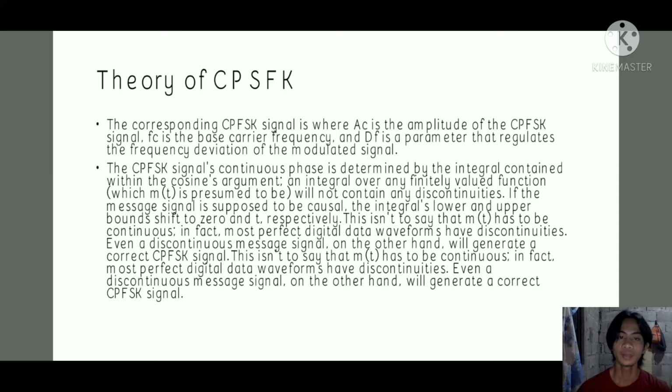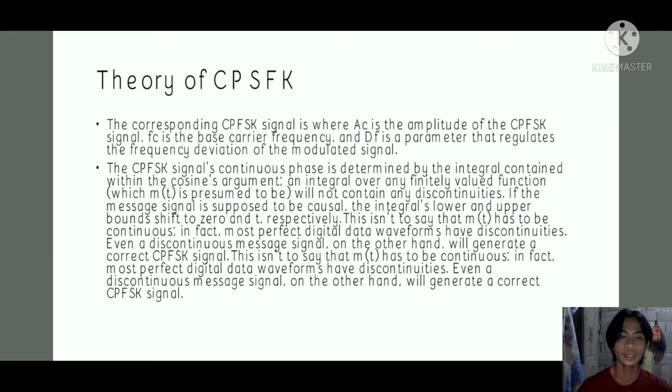An integral over any finite-valued function, which m(t) is presumed to be, will not contain any discontinuities. If the message signal is supposed to be causal, the integral's lower and upper bounds shift to 0 and t respectively. This isn't to say that m(t) has to be continuous.